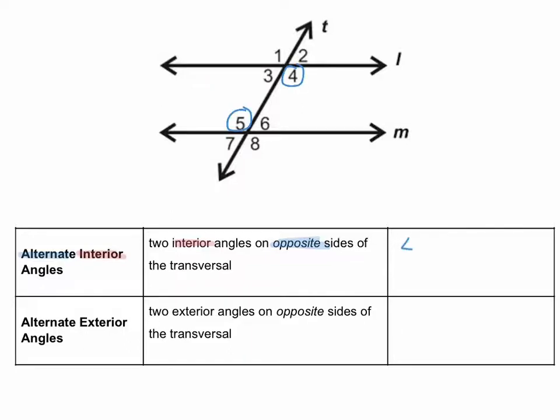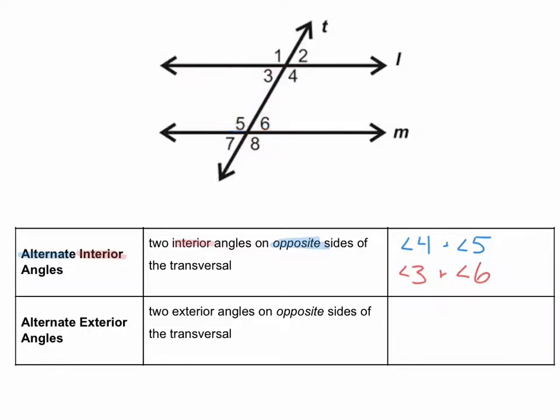Angle 4 and angle 5 form an alternate interior angle pair. Or we could also use angle 3 and angle 6. Those are both interior angles.